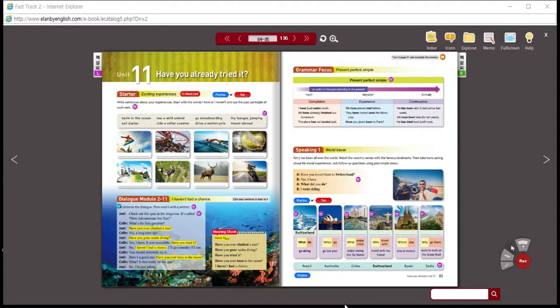We're not so much talking about the time that we did it, but we're focusing on the action or the experience itself. So specific time is not so important. We're talking about an action or an event or an experience that happened at any time in the past.